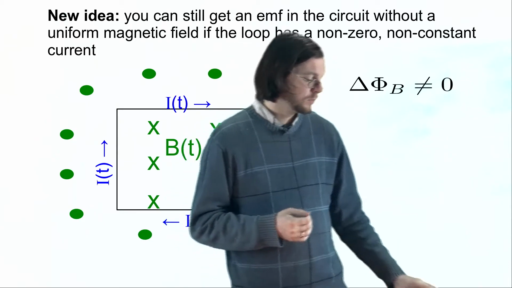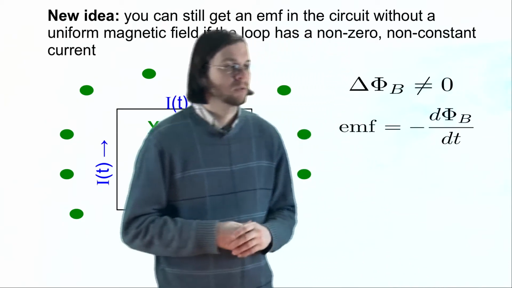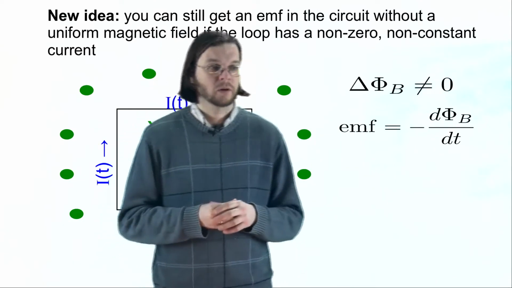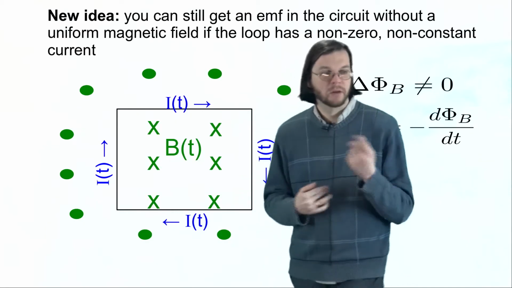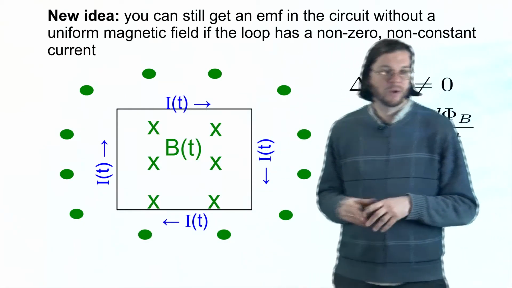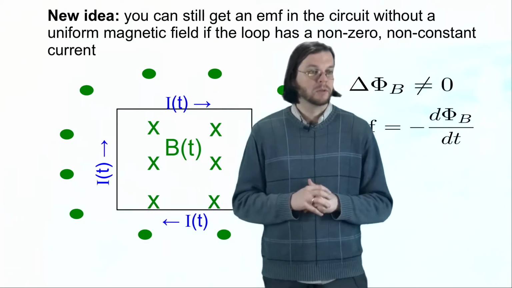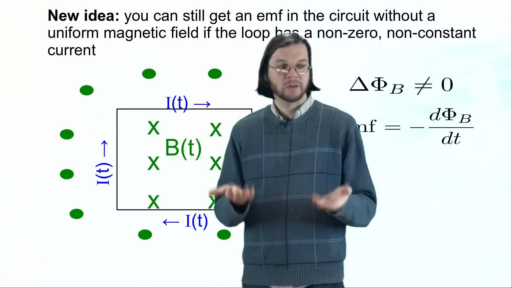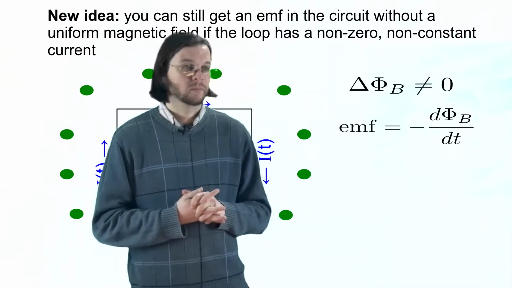And so if that magnetic flux is changing with time, that's going to produce an electromotive force, which will produce a voltage on our loop, and that's going to affect the way that the current flows in our loop. And so you could say this is a self-induced electromotive force.